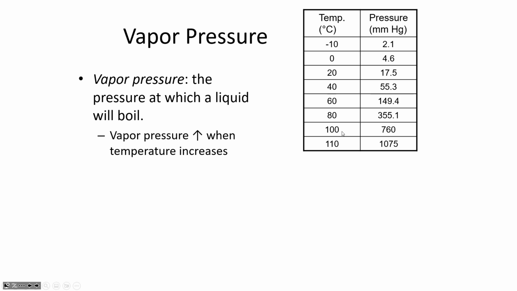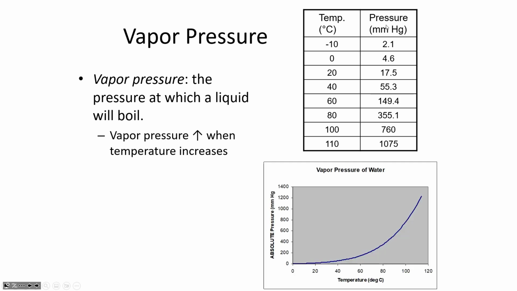And it just so happens that when water is at that temperature, it's exerting a pressure of 760 millimeters of mercury. The liquid molecules are trying to escape from the liquid phase into the vapor phase, and it has a pressure equal to atmospheric. So here we can graph it. It's not linear. The vapor pressure of water is non-linear.